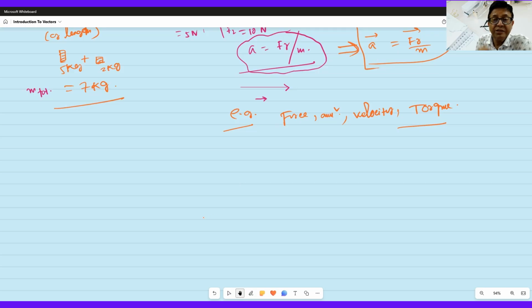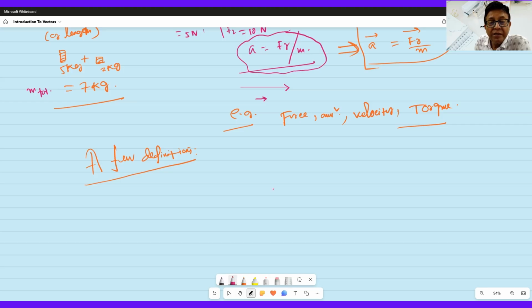These vectors, when we are treating them mathematically, we have to know a few terms, a few definitions. A few types of vectors I'll tell you now in the introductory class: when you are representing two vectors, they can start from the same point.